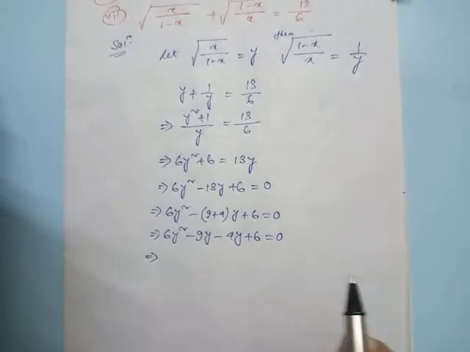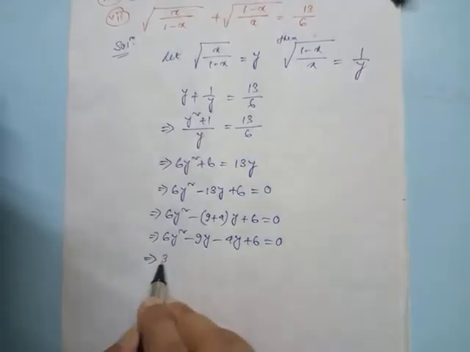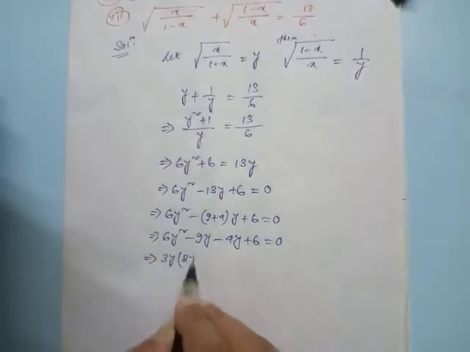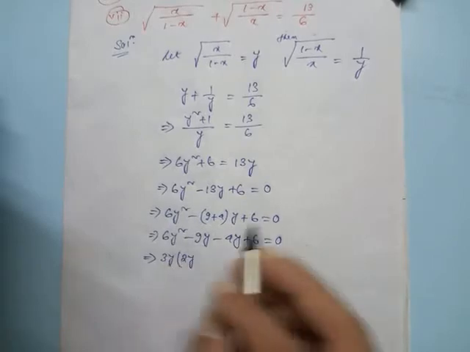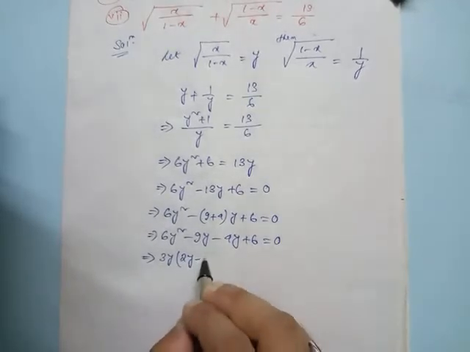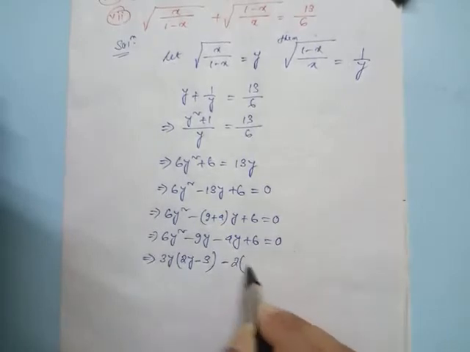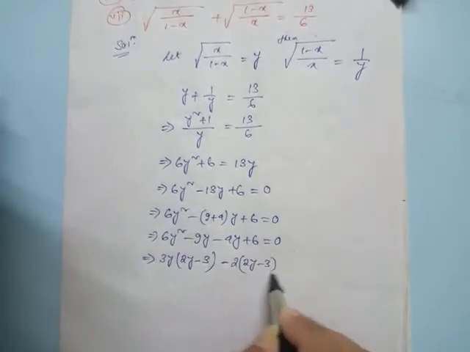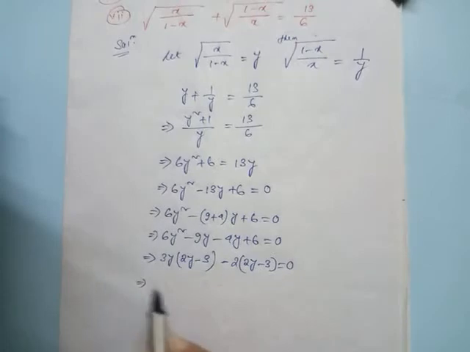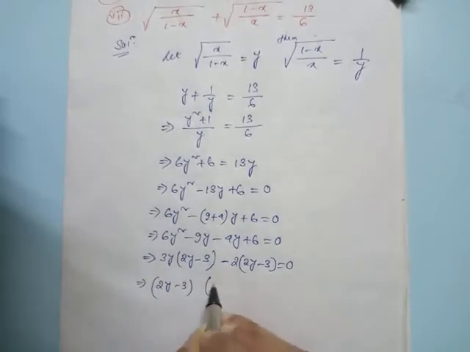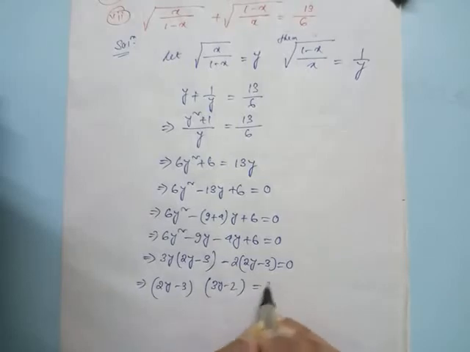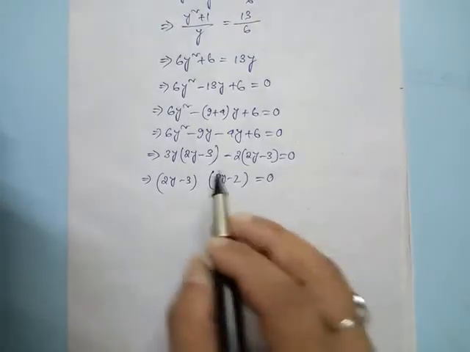After that, student, take 3y as common: 3y into 2y plus 3, then minus 2 into 2y plus 3 equal to 0. So these two are common: 2y plus 3 and 3y minus 2 equal to 0.